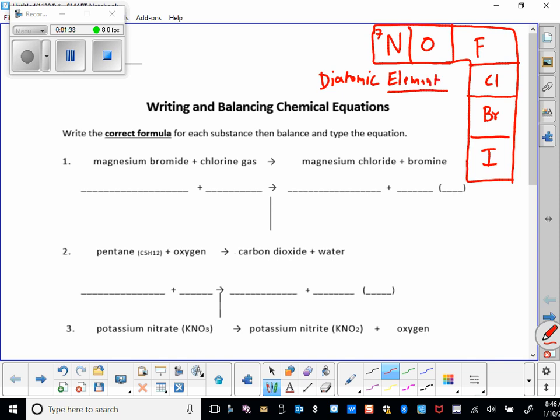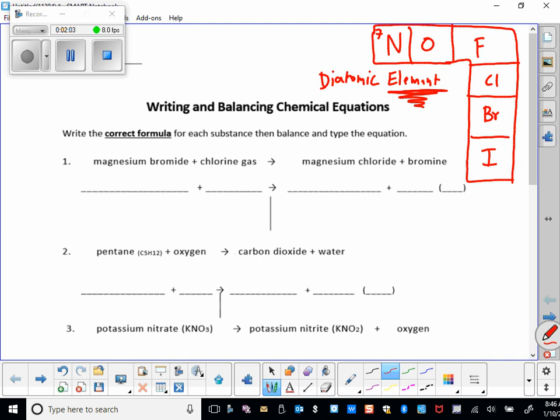When are they diatomic? When they are in a compound, did I say they are diatomic? No, they are diatomic when they are an element. Di means what? What does the prefix di mean? What number does it indicate?